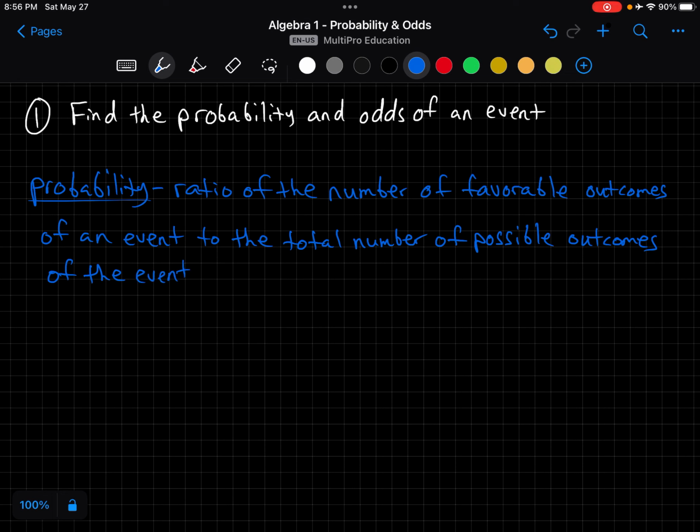Okay, before we get into that, let's show this mathematically. We're going to say the probability of x, so the probability that x happens.